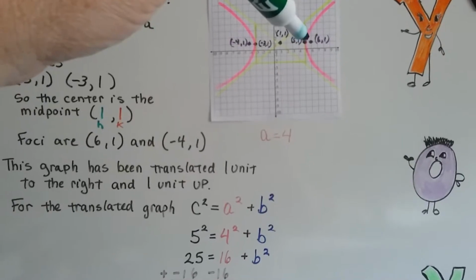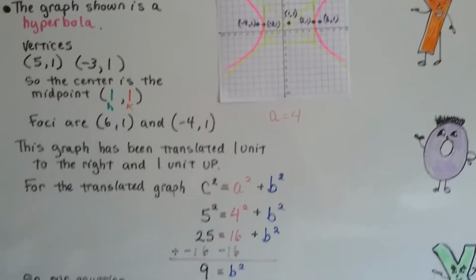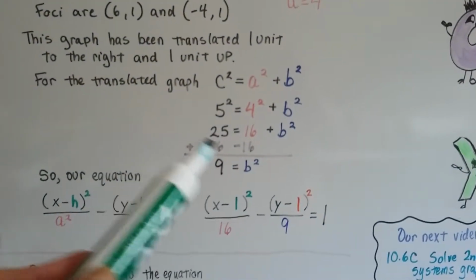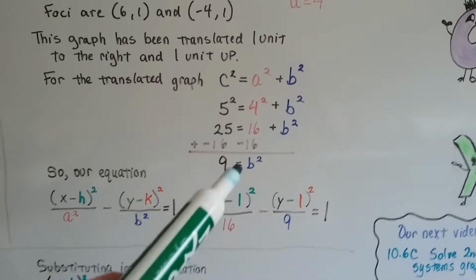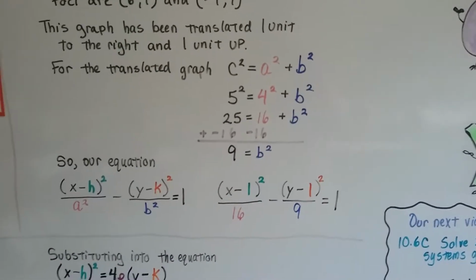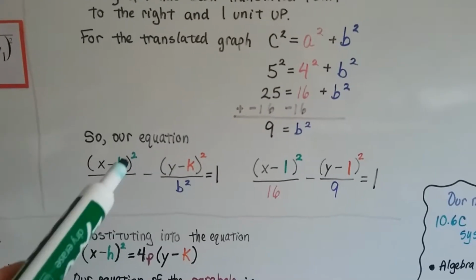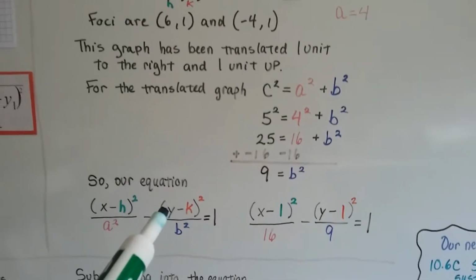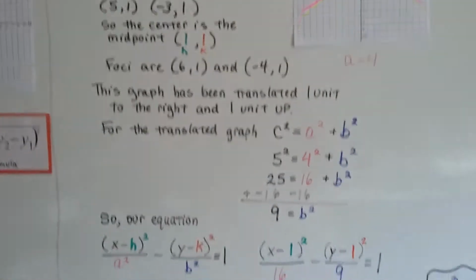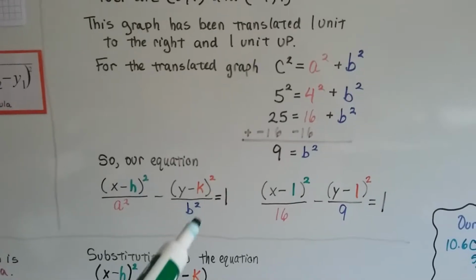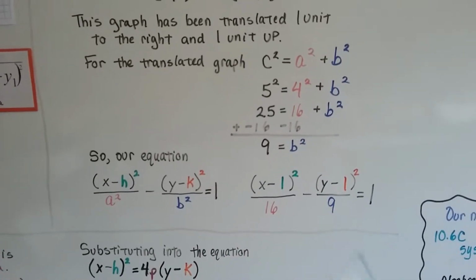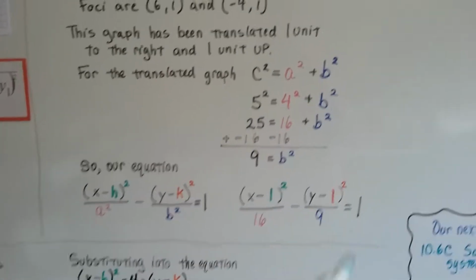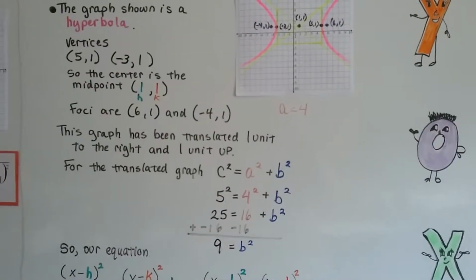Because of our spot 5 right there, 5 on the x. We can add a -16 to each side and get that 9 is equal to b squared. So when we write our equation and put in our h and k values, which are a 1 and a 1, and our a squared and b squared values, we get 16 and a 9, and that's our equation for that hyperbola. See?